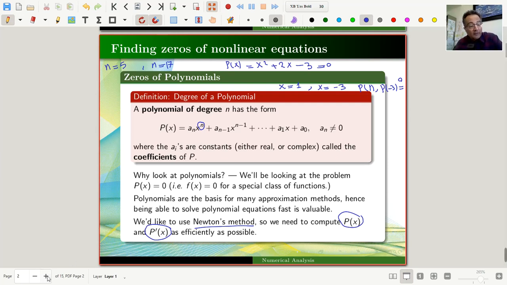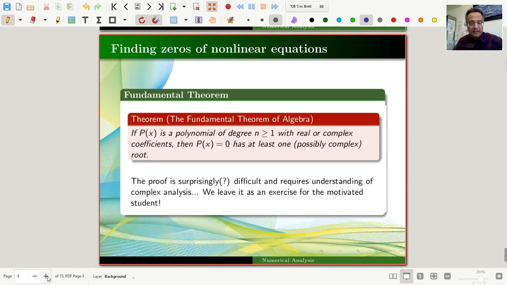So we are looking for a new technique to compute p of x and p prime of x with fewer computations. But before that, we know that if p of x is a polynomial of degree n greater than or equal to 1, then it has at least one root.